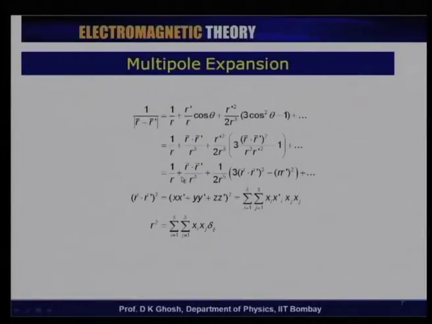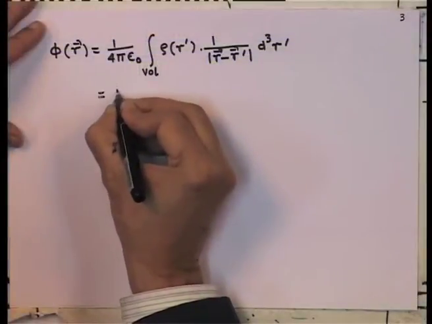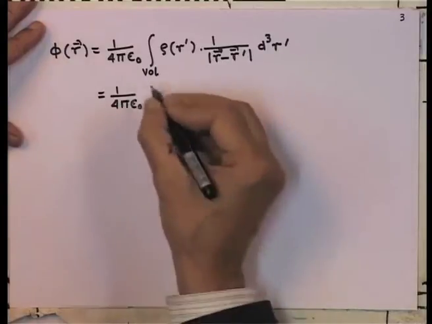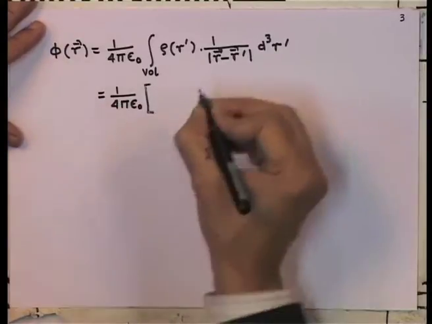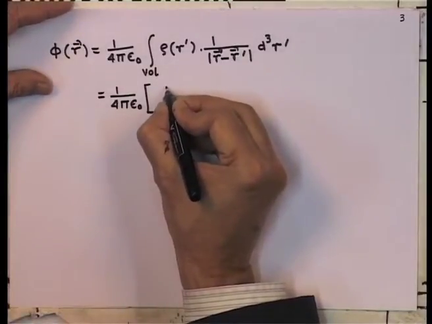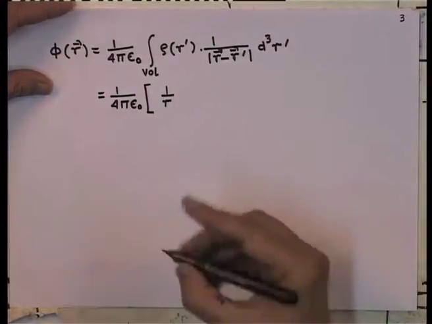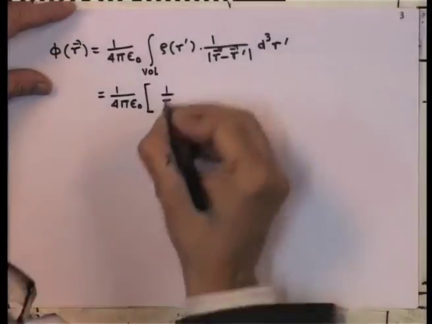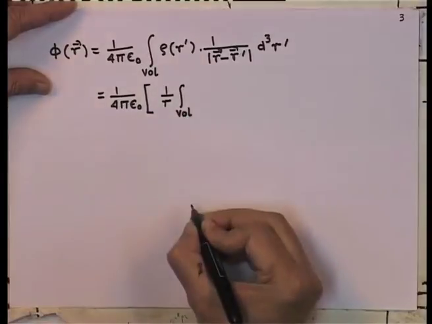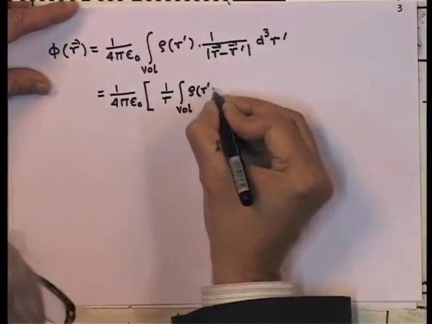So, let me write that as equal to 1 over 4 pi epsilon 0, and inside I have got 1 over r, which is independent of the integration variable. So, I am simply left with, from the leading term, the integral over volume of rho r prime d cube r prime, the first term.